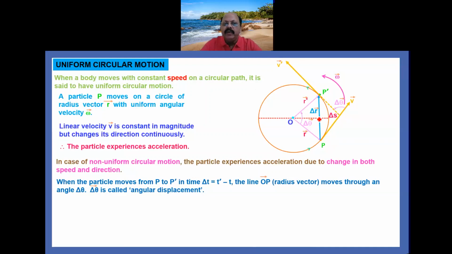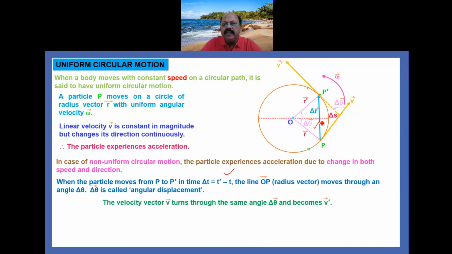And when the particle moves from point P to P dash in time t to t dash, then delta t equals t dash minus t, and the line OP, that is the radius vector, moves through an angle delta theta, that is called angular displacement.